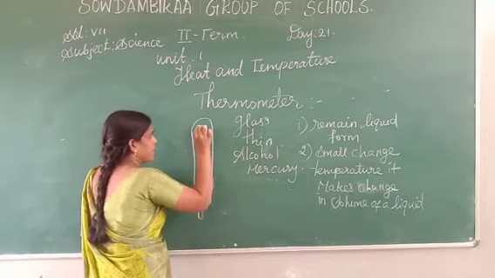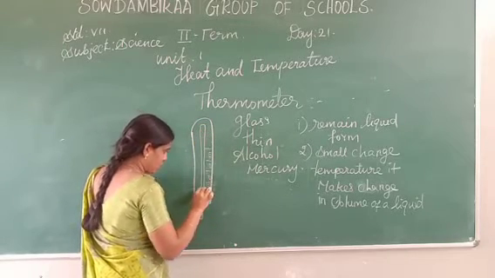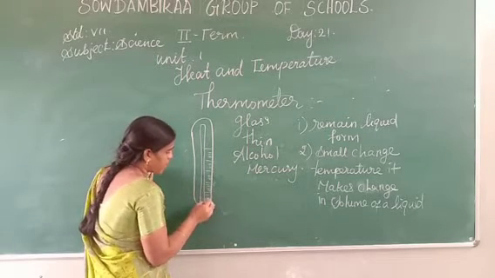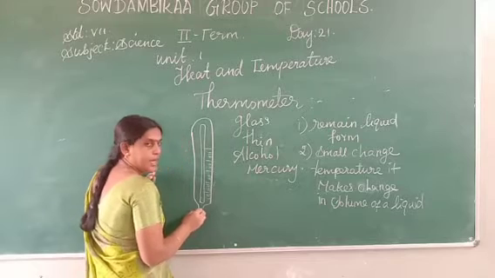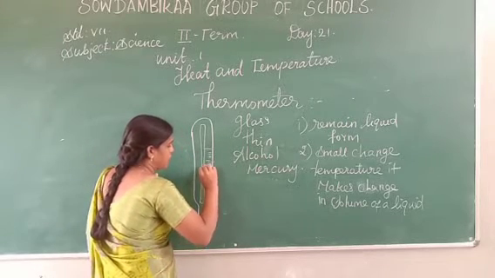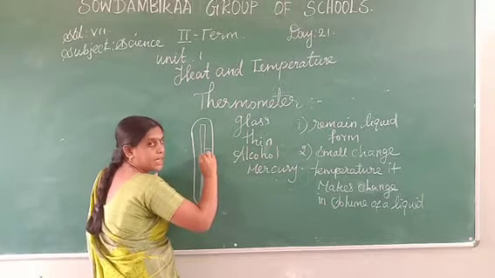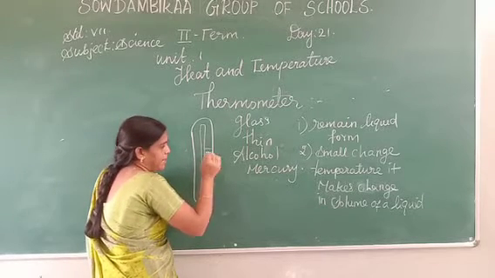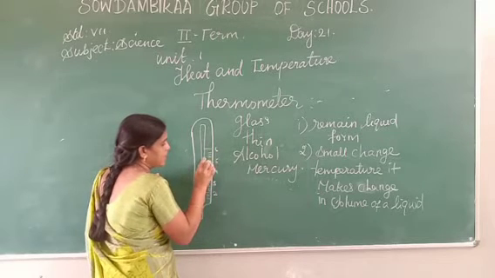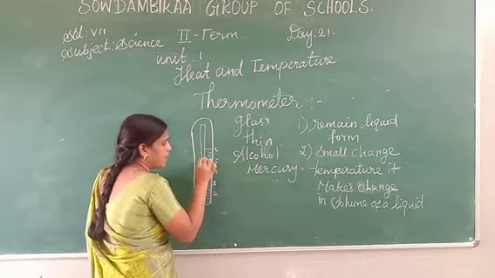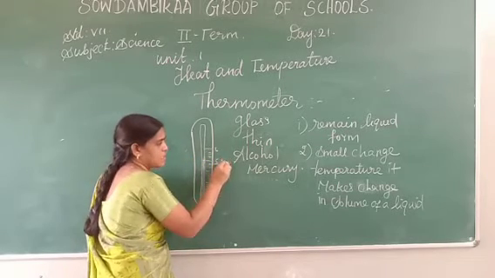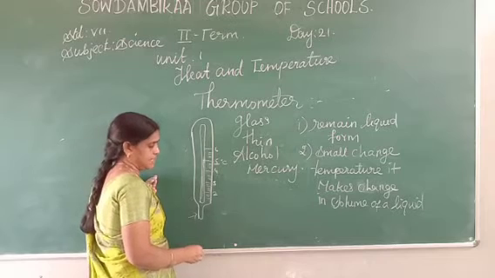Here we have one glass tube filled with alcohol or mercury. When you give heat, the liquid expands. Here 2, 3, 4, 5, 6. In this place you calculate, so the temperature is 5 degrees Celsius.